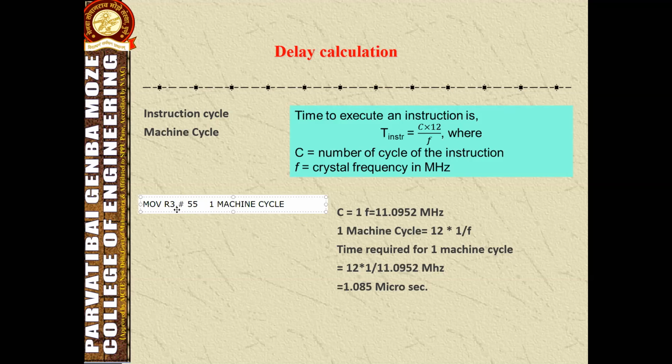So the total time taken to execute this instruction is one machine cycle, multiplied by the amount of time per machine cycle at this frequency, which is 1.0585.